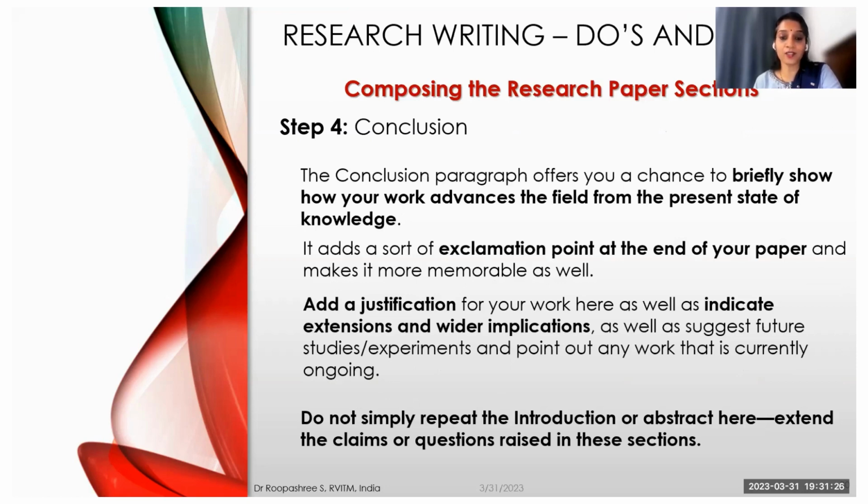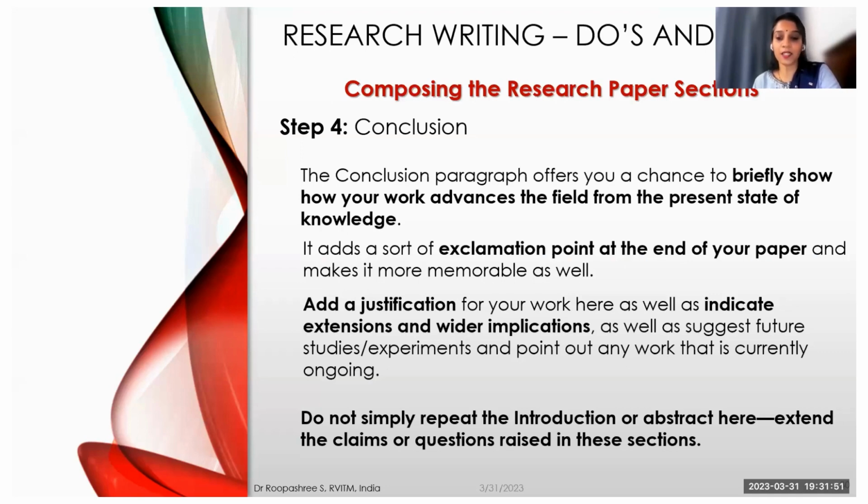It adds a sort of exclamation point at the end of the paper and makes it memorable as well. So add a justification for your work here, as well as indicate extensions and wider implications. As well, suggest any future studies that can be adopted for the ongoing work.